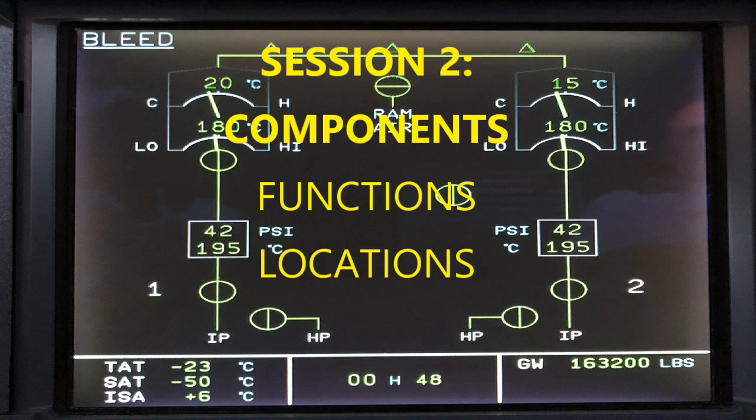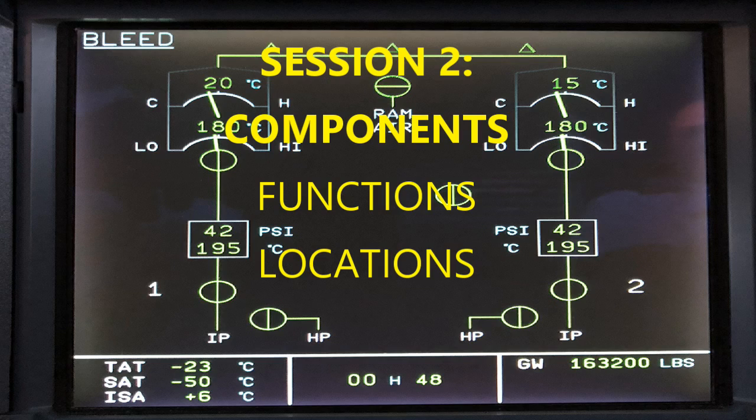In the intermediate pressure check valve, let's go over this one. If you see IPC, that's intermediate pressure check valve. This is going to prevent reverse airflow. That's what check valves do. They allow the air to go one direction, but not to backflow.